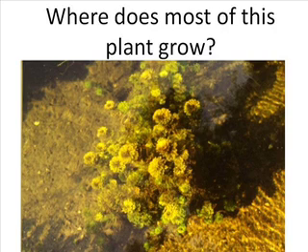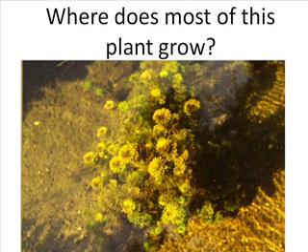Another category of wetland plants besides emergent and floating leaf plants are the submerged plants. These submerged plants are rooted plants with most of their plant mass below the water surface, although some parts may stick above the water.